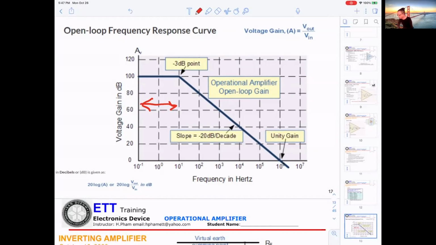Minus 20 dB per decade. Okay, if not, I'm telling you. That means in the region after the minus 3 dB, the gain will be going down at the speed of minus 20 dB.